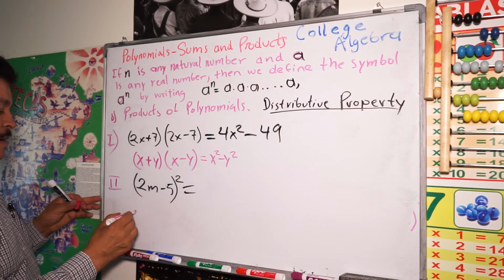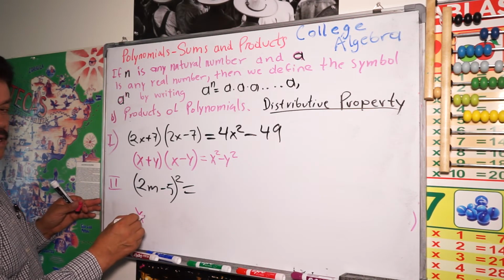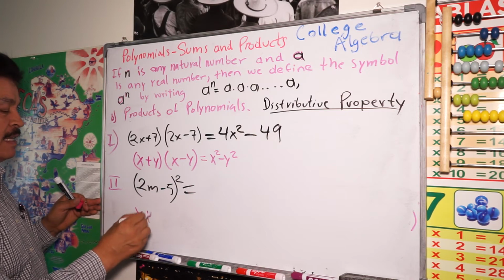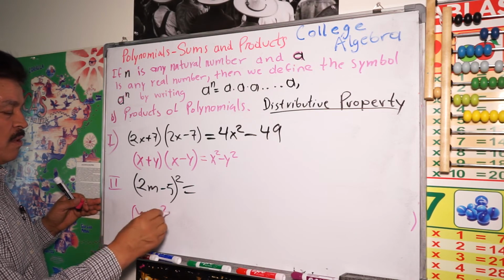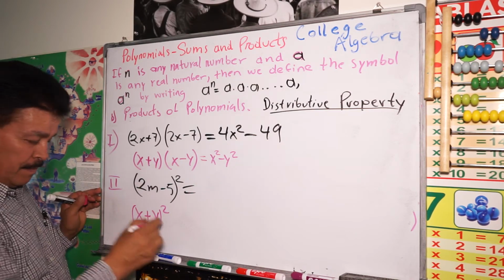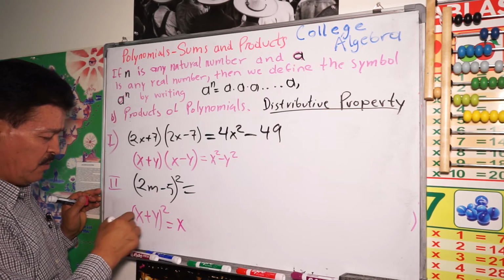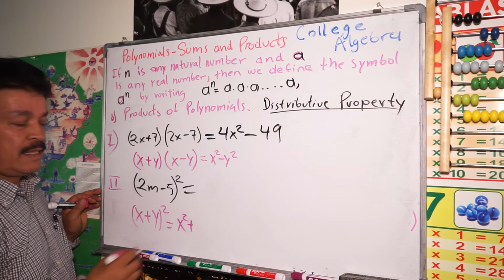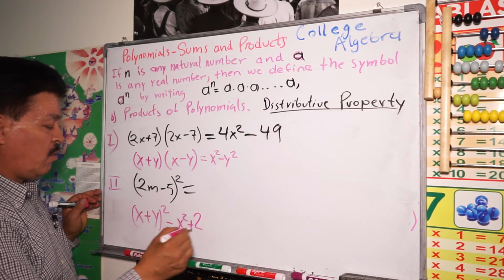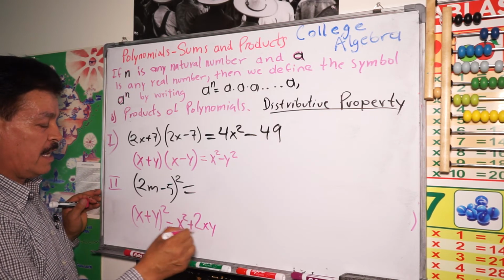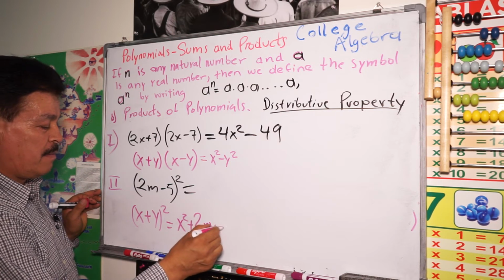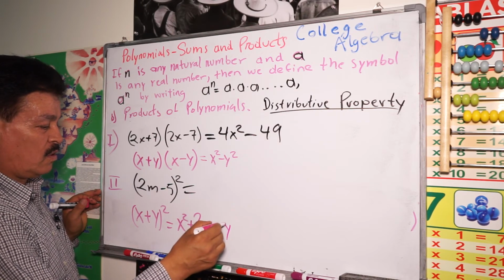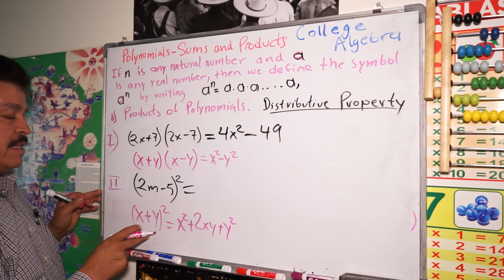When you have x minus or plus y to the second power, what is the answer? You're going to have the square of the first term, plus the double times x times y, plus the square of the second one.